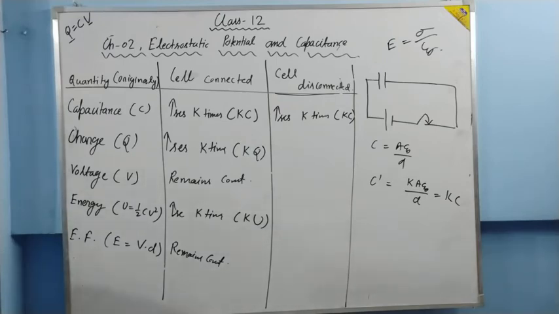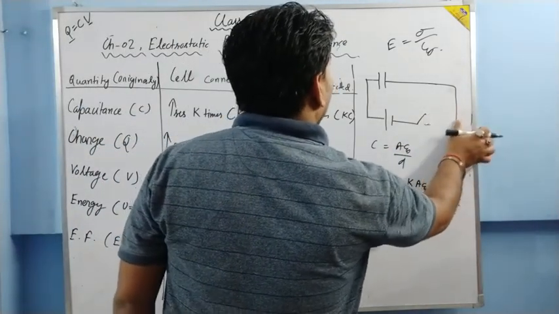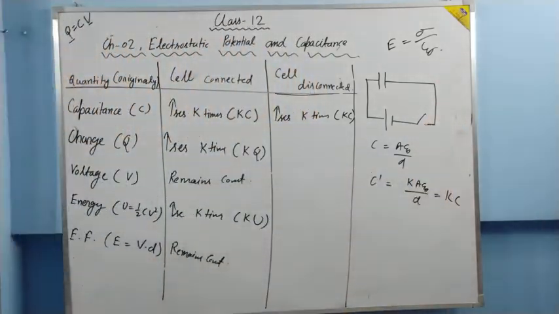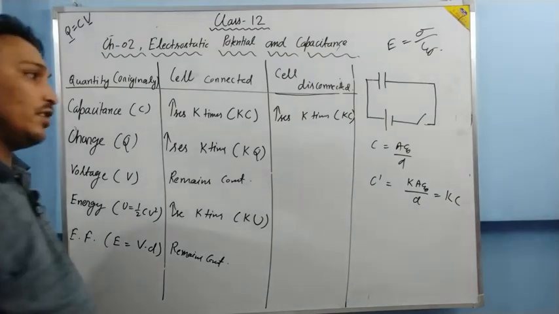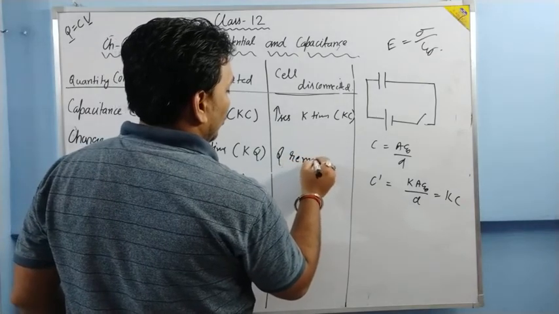Now let us see when the cell remains disconnected. Cell is disconnected now. Now how will the circuit work? Now there is no source of potential, there is no source of charge, and because of that, in this case, Q remains constant.